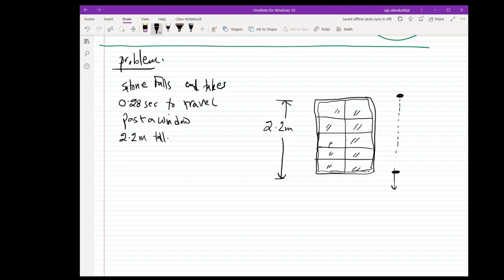Okay? Here's the question. From what height above the top of the window did the stone fall?